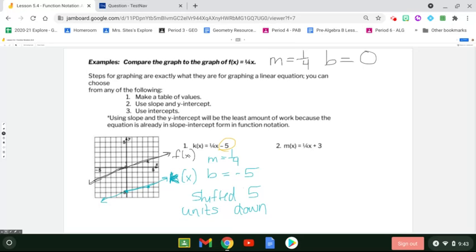Okay, let's take a look at m of x. M of x has a slope of 1/4. It has a y-intercept of 3, so that means I'm going to start 1, 2, 3 units on the y-axis, go up 1 and over 4. So m of x would be right here.